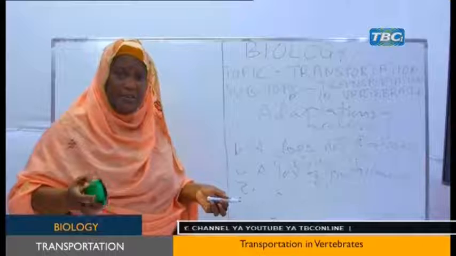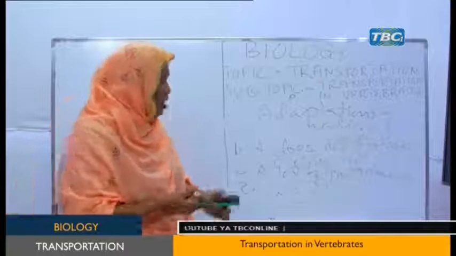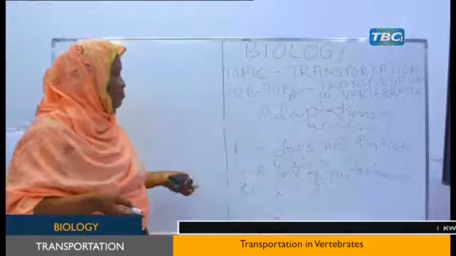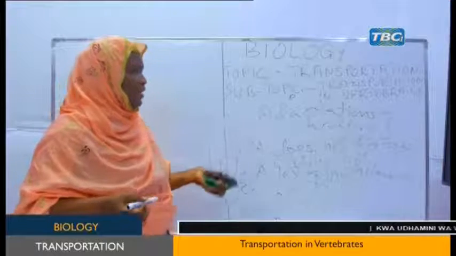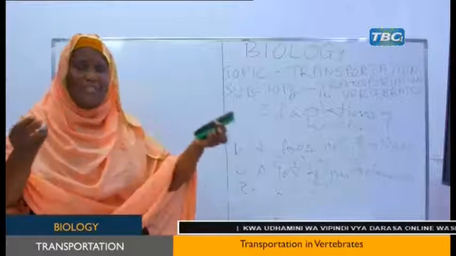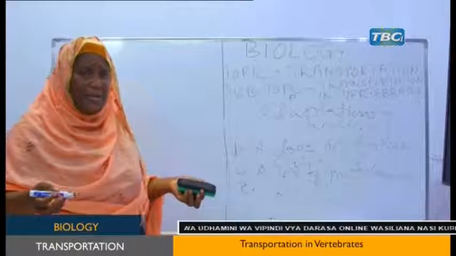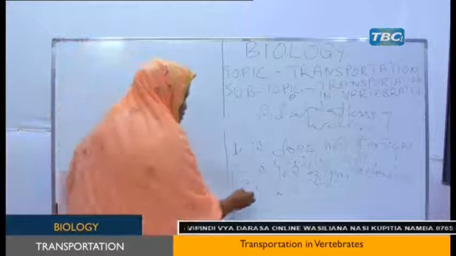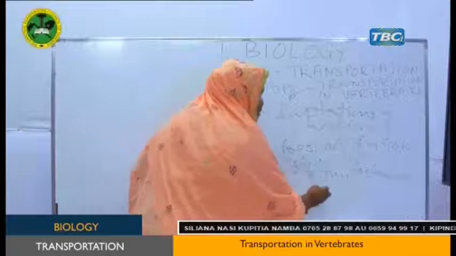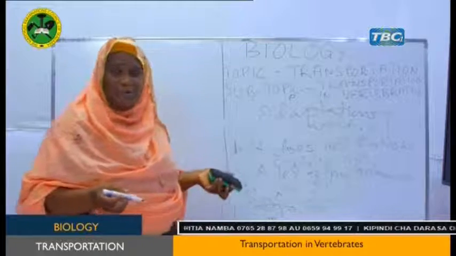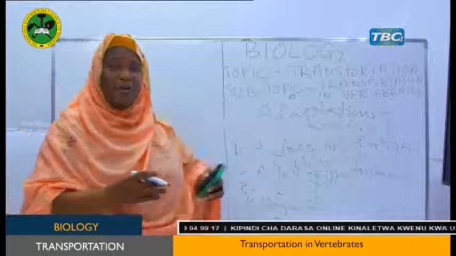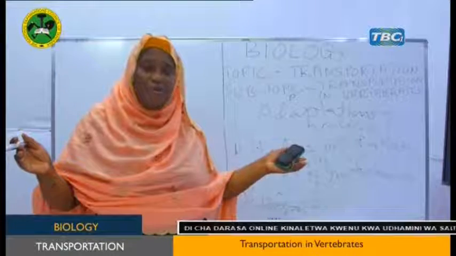But apart from that, you can also find other adaptations of cardiac muscles. You may consider the refractory period. In these muscles, they have a longer refractory period.